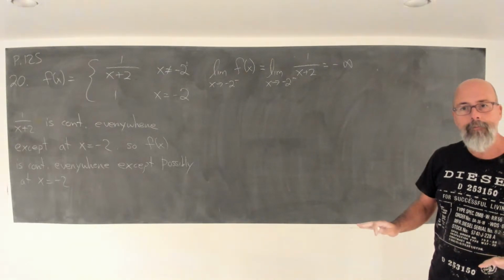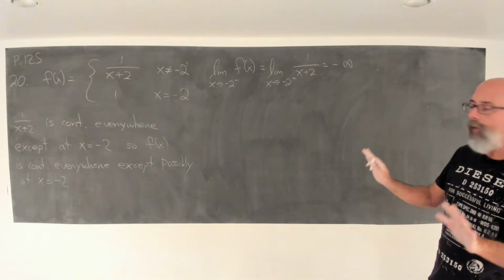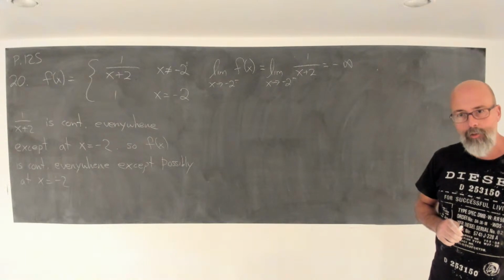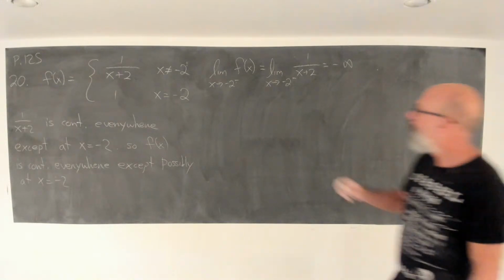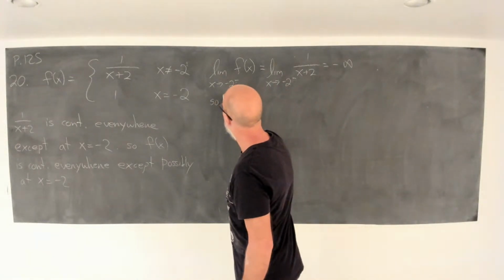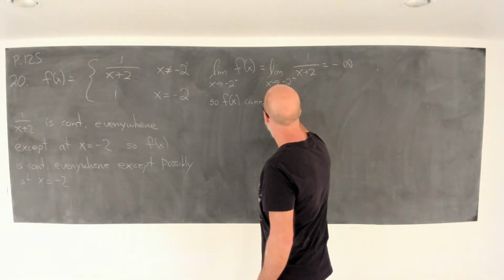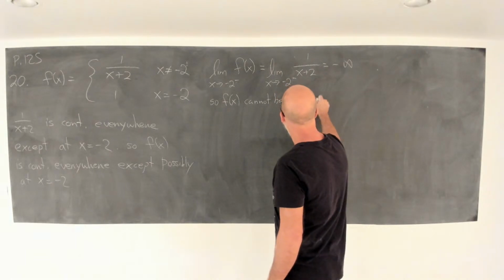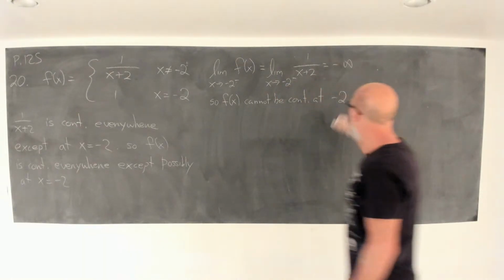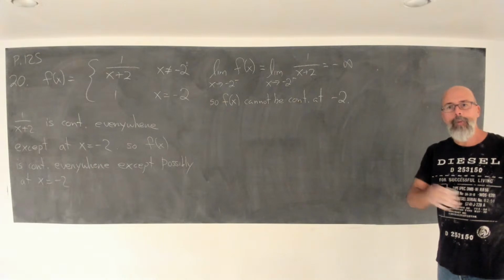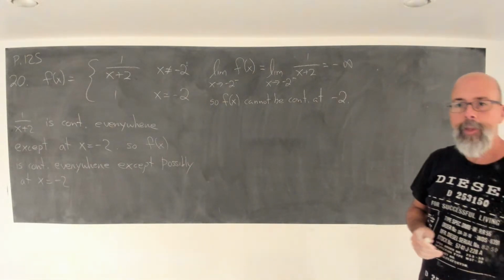And you're done. Immediately, the function cannot be continuous at -2.